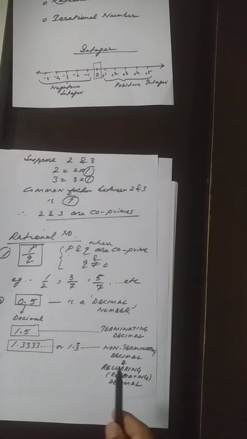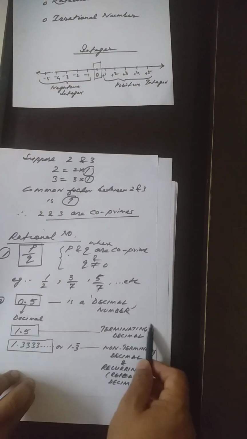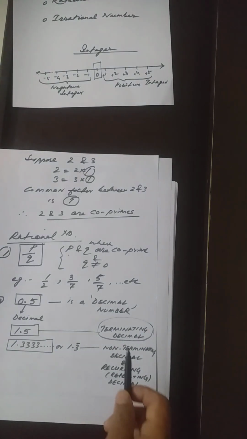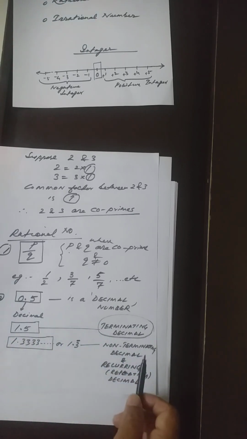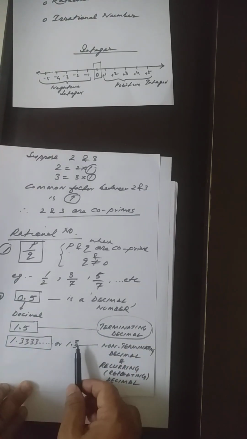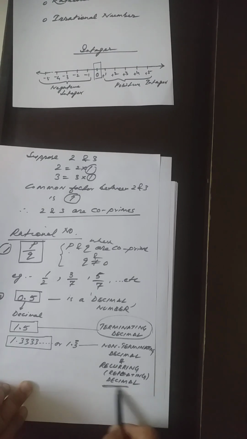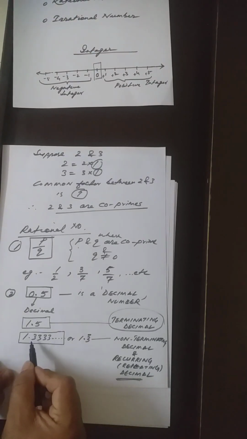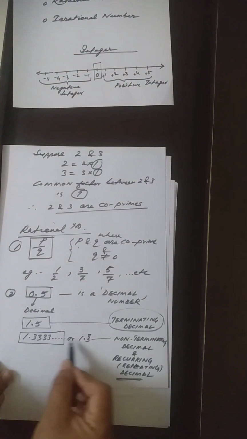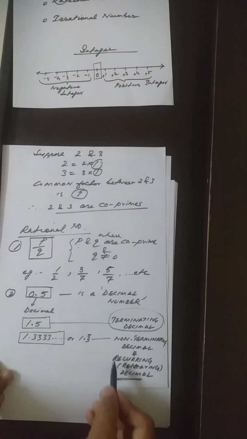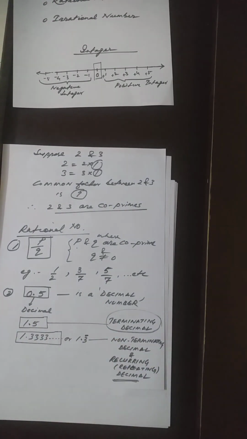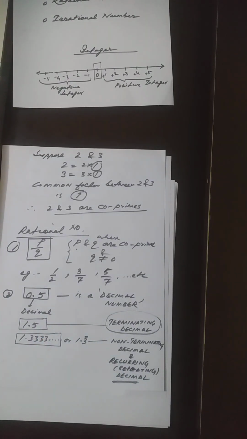So any number which exhibits this property, a terminating decimal where a number after decimal terminates, or where a number doesn't terminate but one or more digits keep on repeating. Here only digit 3 after decimal keeps on repeating, so it's a non-terminating as well as repeating decimal number. So both these properties also show that these two numbers are rational numbers.